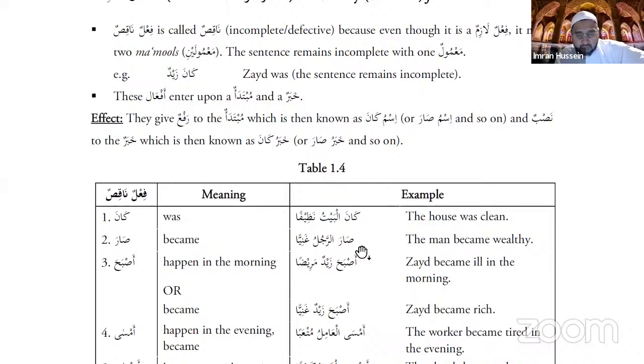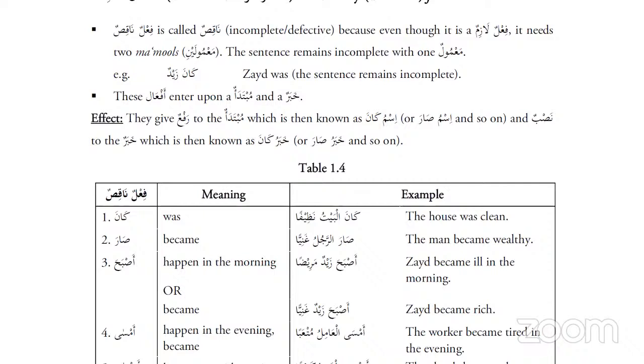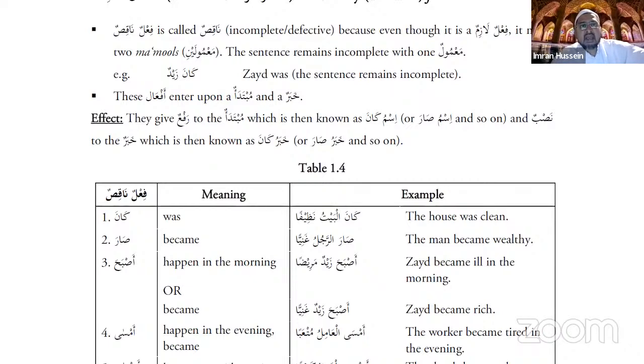Is this clear or no? Yes. Is mansub dhamma, fatha or kasra? It depends, sister, on whether the noun comes with alif lam or not. If the noun does not come with alif lam, then it takes a dhamma tanween. Dhamma or dhamma tanween is marfu.